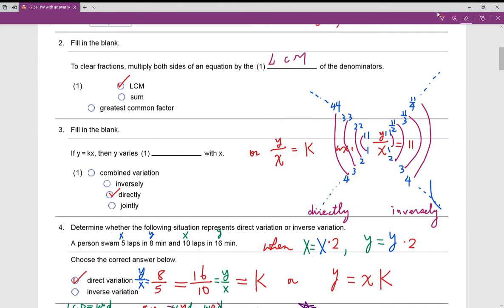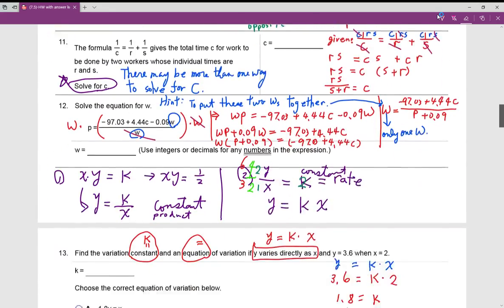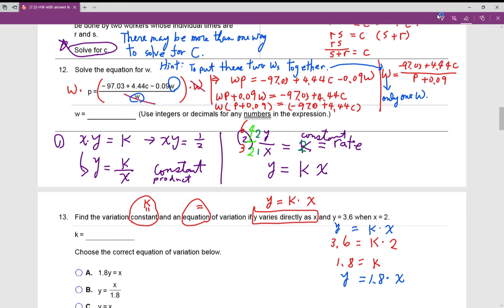When x doubles, y needs to be half in order to keep the same rate, right? Did I say wrong here? Yeah, this is y over x equals k. So when x doubles, y needs to be double, right?